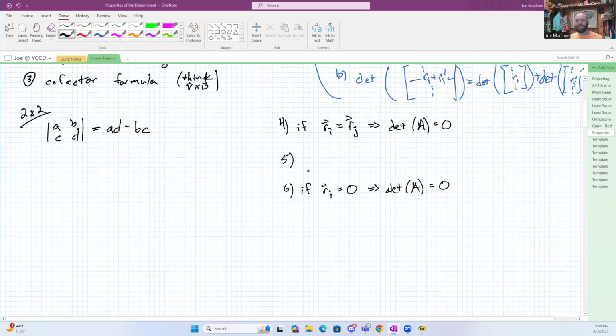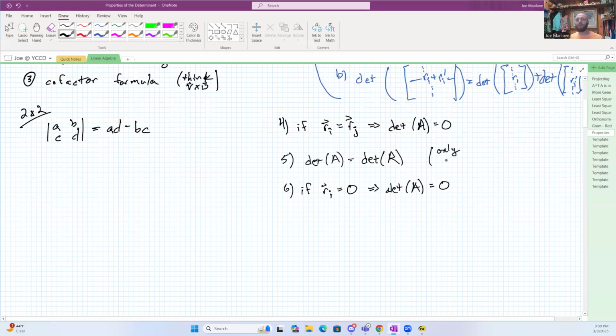Five is essentially saying that the determinant of a matrix A is the determinant of the row reduced version as long as I'm only applying elimination matrices, right? So this is none of that I'm going to divide a row through by a number thing. This is just applying straight elimination matrices.